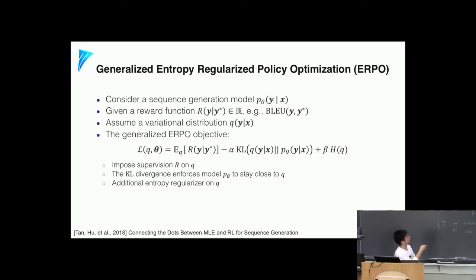We have seen this objective in our last lecture about combining domain knowledge with neural networks. Additionally, we add an entropy regularizer on Q. This is the Shannon entropy, and we want to maximize this entropy. This is the objective of this framework.